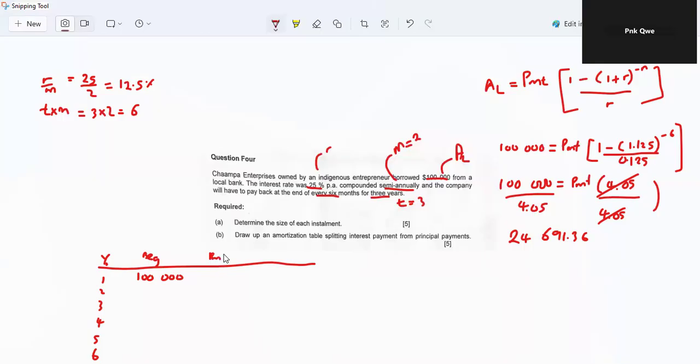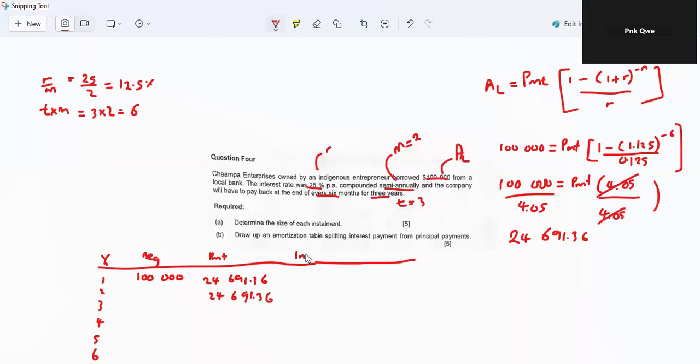Payment. What is the periodic payment? 24,691.36. This one you just copy and paste throughout until the end.